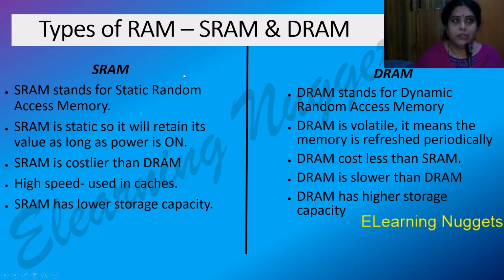What is the difference between SRAM and DRAM? SRAM stands for static random access memory, and DRAM stands for dynamic random access memory. Both these memories are volatile, but SRAM is static as long as the power is on. That means the charge of this particular static RAM will remain for some time before it gets erased.